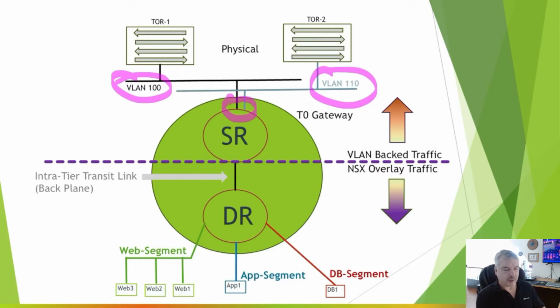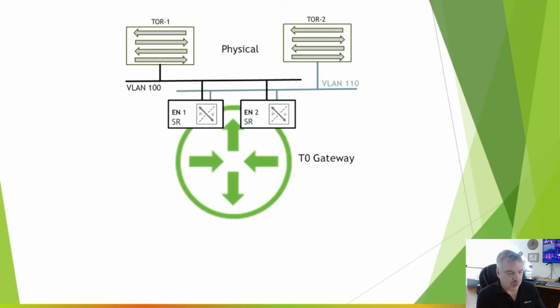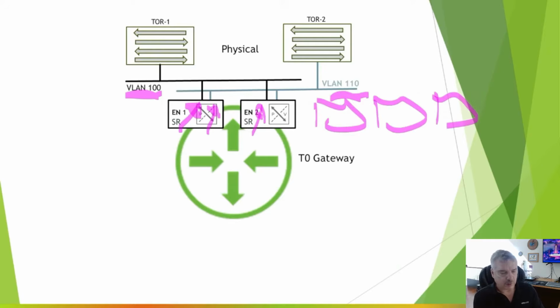If I show you 2 edge nodes, I would have 2 interfaces for each edge node, one on VLAN 100, one on VLAN 110 for each. Actually, sorry, it will split up to 8-way equal cost multipathing. So if I had 4 edge nodes here, I'd have 8 paths to get to the outside world. Okay, so hopefully you get that.